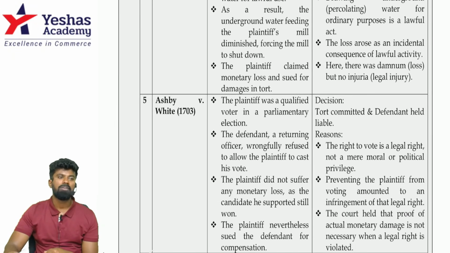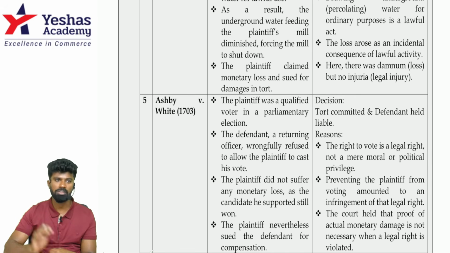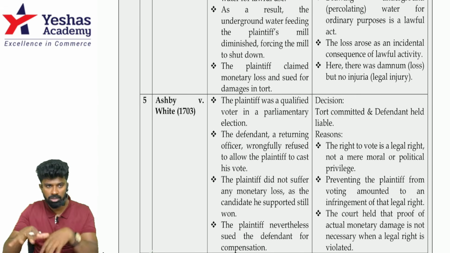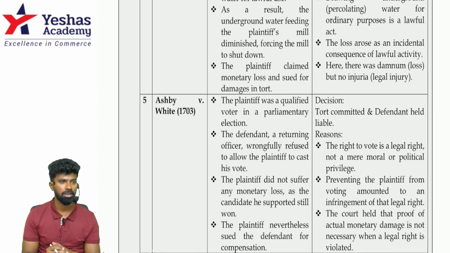Next one. Ashby versus White case law. Now, is actual loss important or only the infringement of right? In this case, what happened? A person had a right to vote, but the officer who was looking after the casting of votes prevented him from exercising his right to vote. Is it a violation of right?